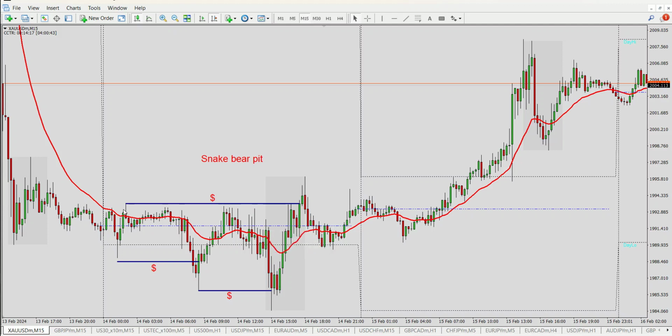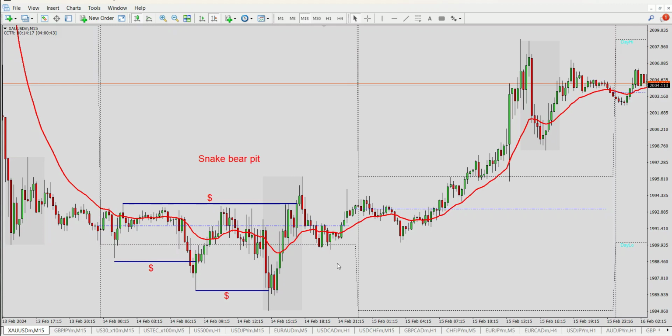So people who bought here maybe went out for the day, and people who sold here and went out for the day were in profits. People think that markets are gonna go 150 pips, 500 pips just because they're in the market. So these guys were in profit, but everybody who bought here was taken out.